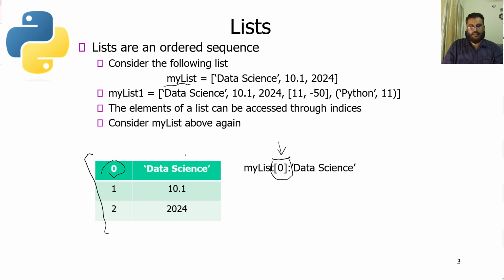So if I write my list 0 inside the square brackets, I will get this output on the console of the Google Colab terminal, or any IDE which I am using for my Python coding. In the same way, my list 1 will give you 10.1 and my list 2 will give you 2024.